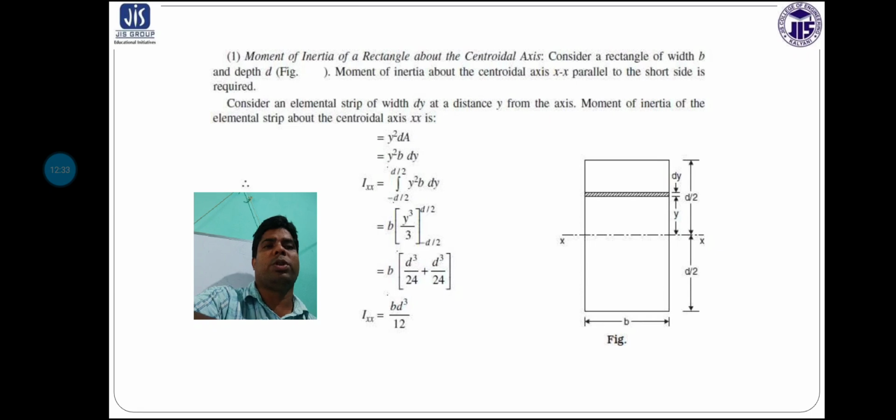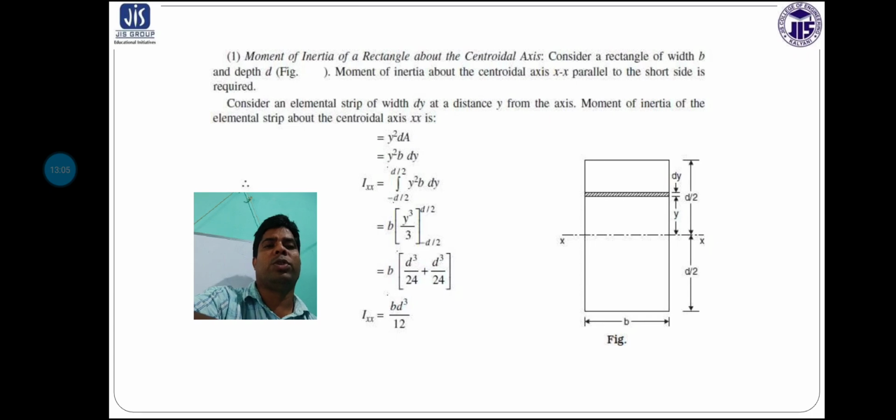Now the moment of inertia of the elemental strip about the centroidal axis xx is y square into dA, and dA means b into dy. Now Ixx is equal to the integral from minus d by 2 to d by 2 of y square b dy. b is a constant, so it comes out.